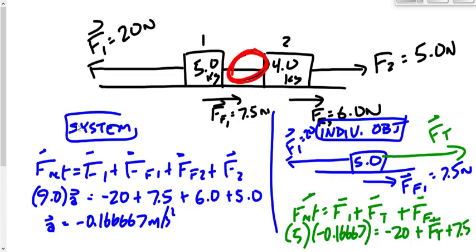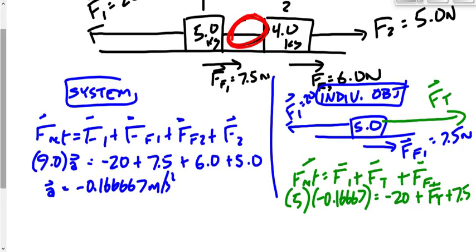We're going to add 20 to that, and we're going to subtract 7.5 from that. And we end up getting 11.7 or 12 newtons. So negative 0.83 on this side, negative 12.5 on the right side. Take the negative 12.5 over by adding. Okay, does that make sense?